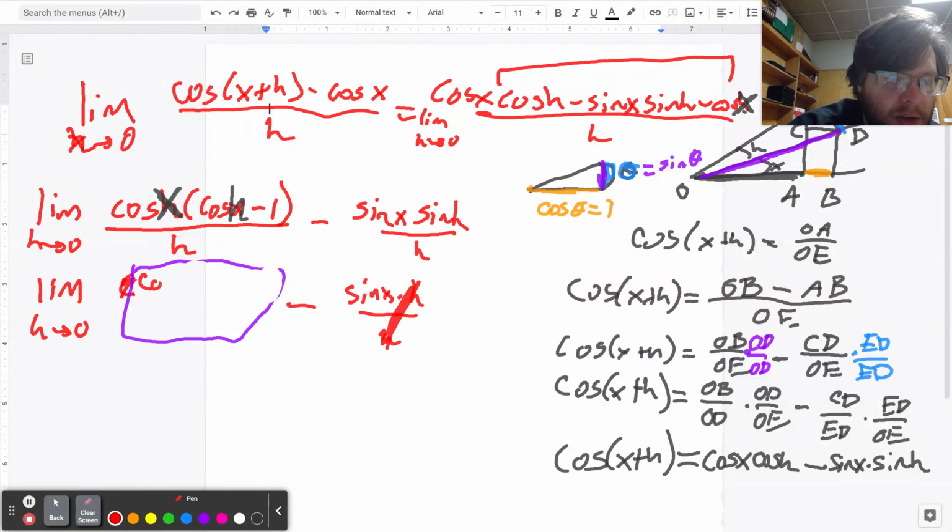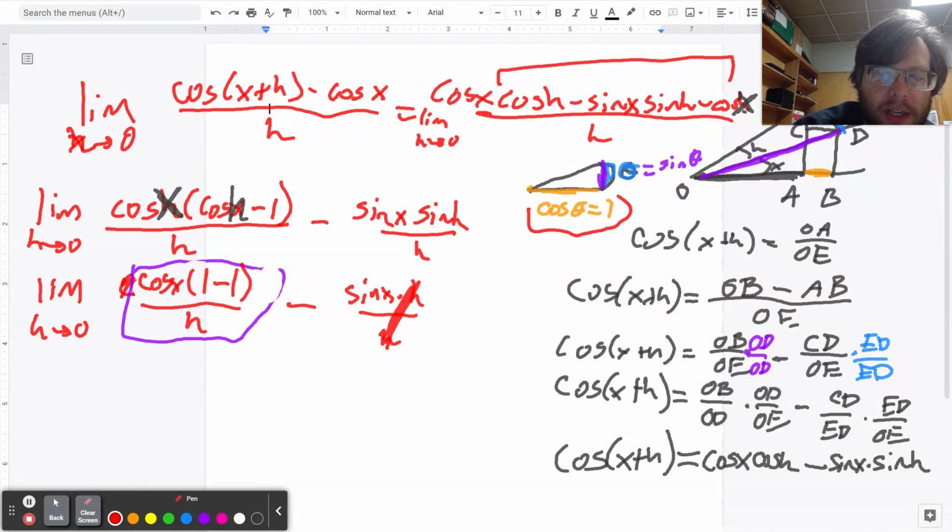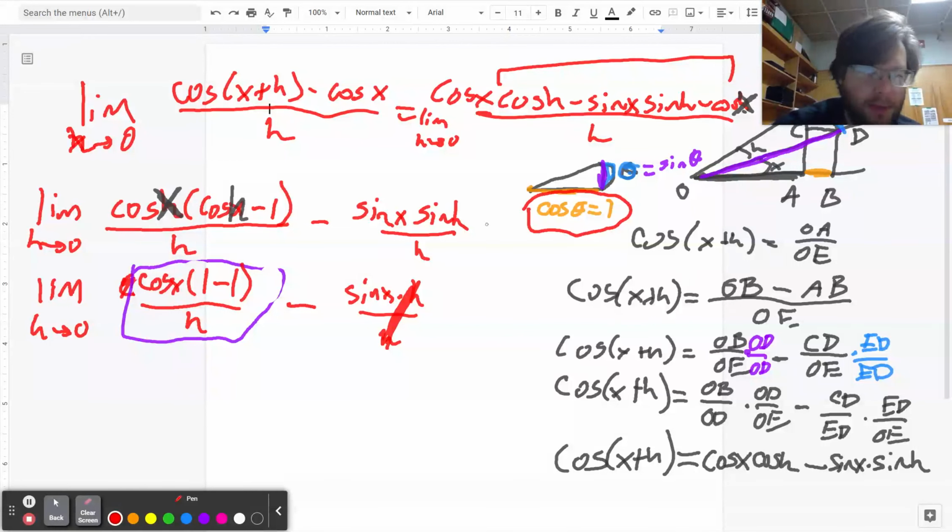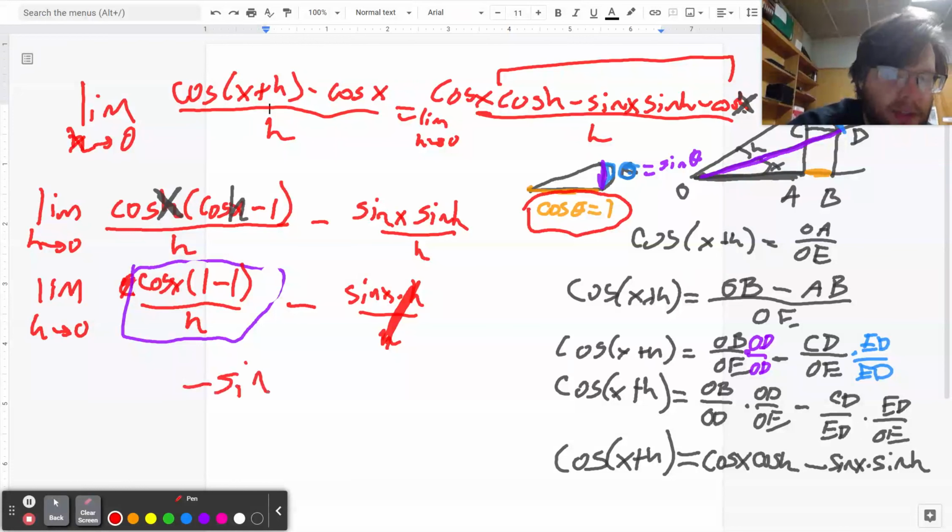So then I've got cosine of x times 1 minus 1 over h, using that small angle approximation idea. And so then that becomes just 0 for that, and the other part just becomes sine, and so we're left with negative sine of x. So what we just proved is that the derivative of cosine is negative sine.